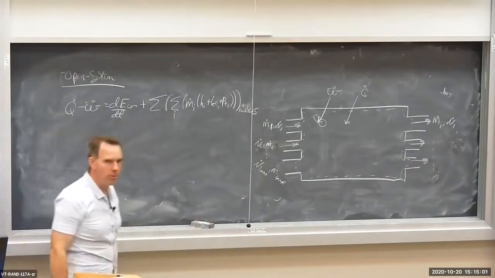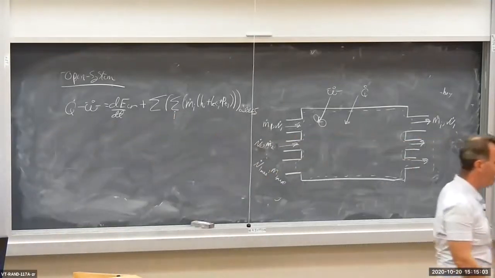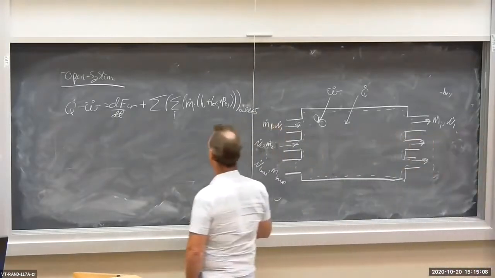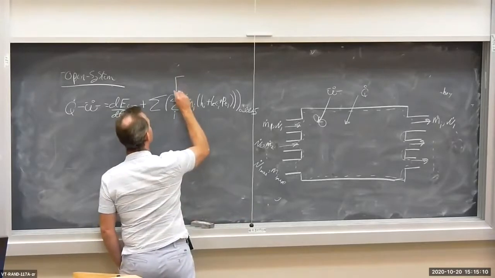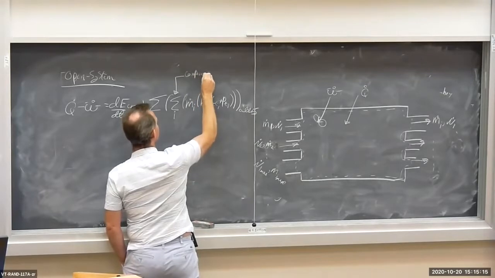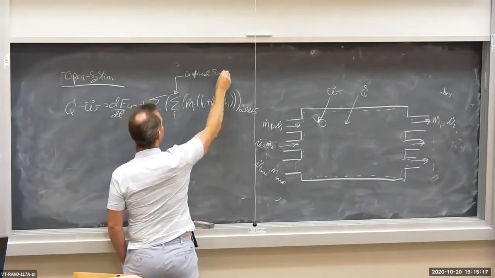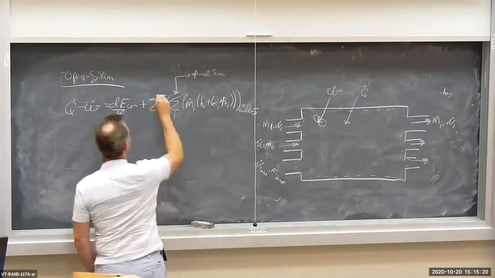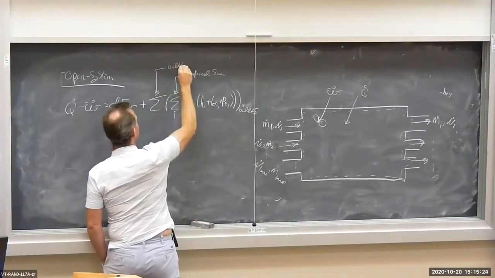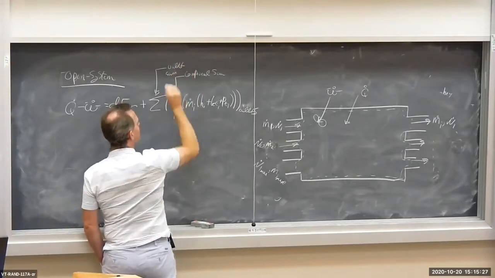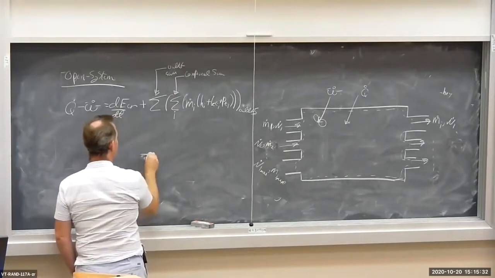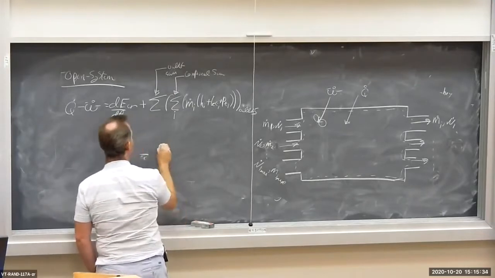The total energy flow out due to all components. So we have this extra sum. This is the component sum over all components. This is the outlet sum over all outlets, minus the same thing summed over all inlets.